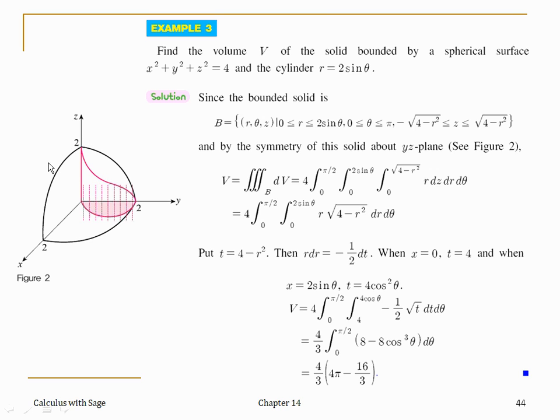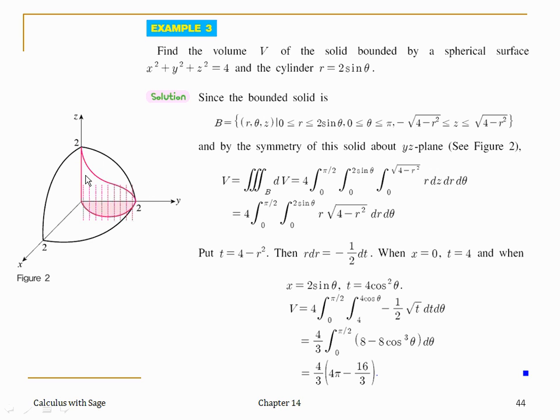Since we are looking for the volume of the intersection between this sphere and this cylinder, we have only 4 of these pieces, the front, back, and bottoms. So we just find the volume of this piece first, and just multiply by 4.